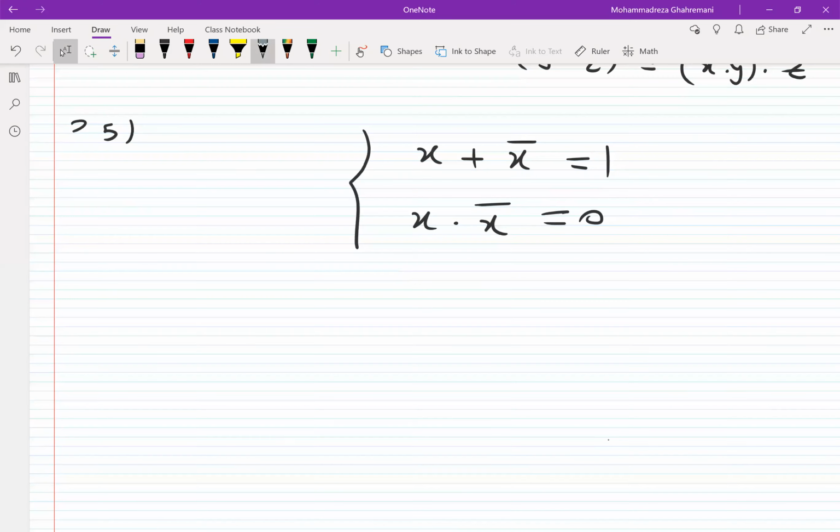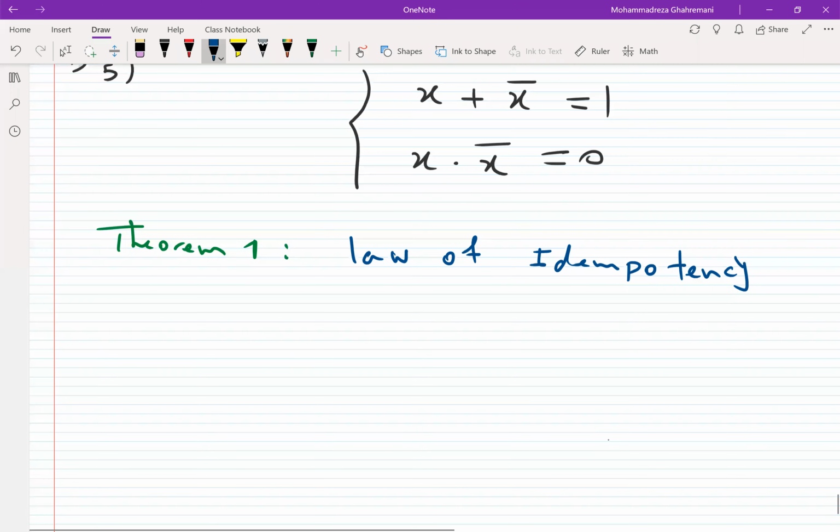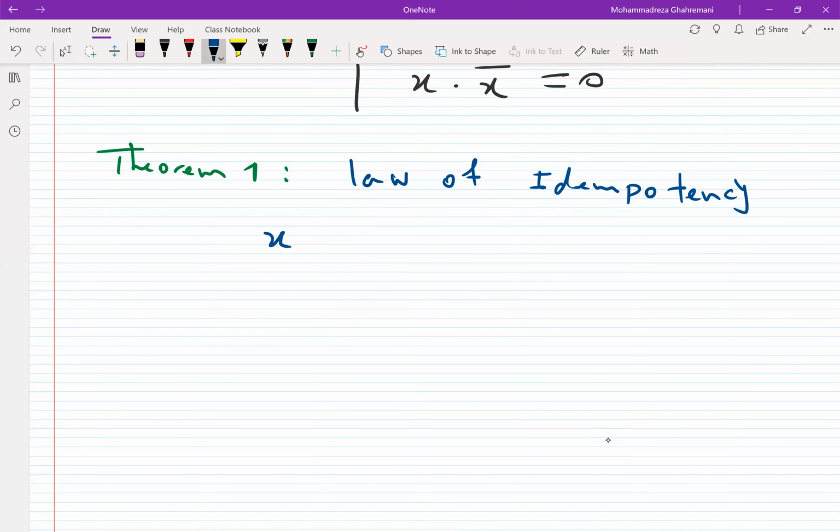So theorem number 1, which is called Law of Idempotency, says that x plus x is equal to x, and x dot x is equal to x.